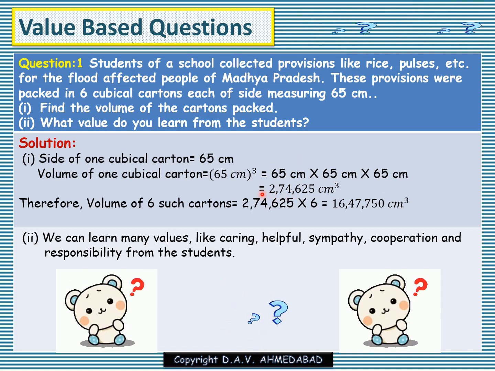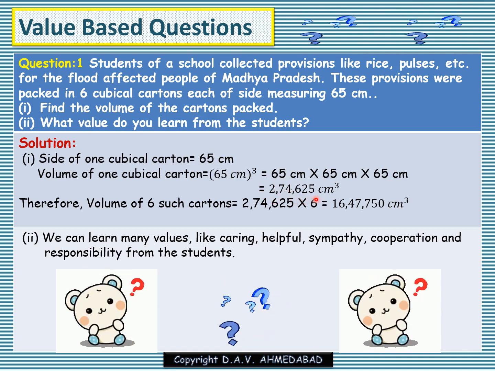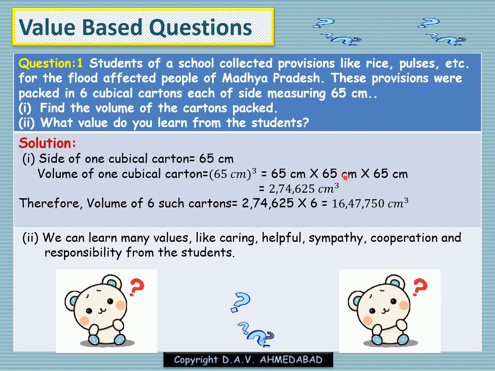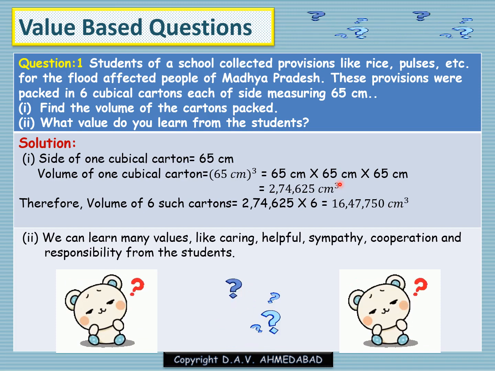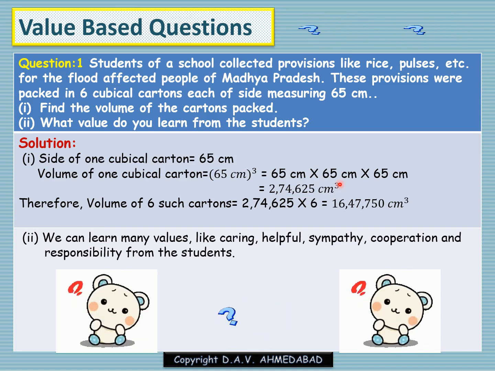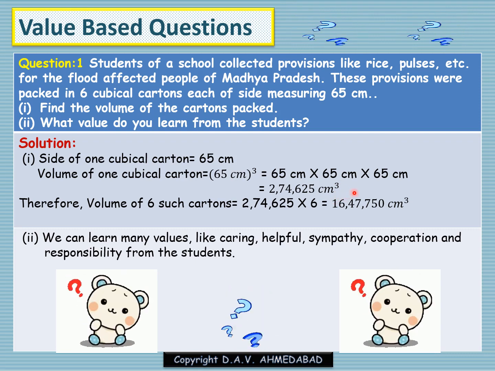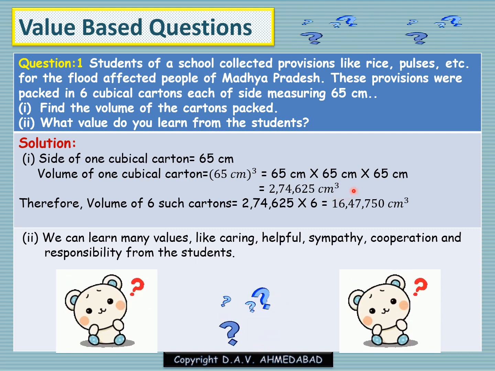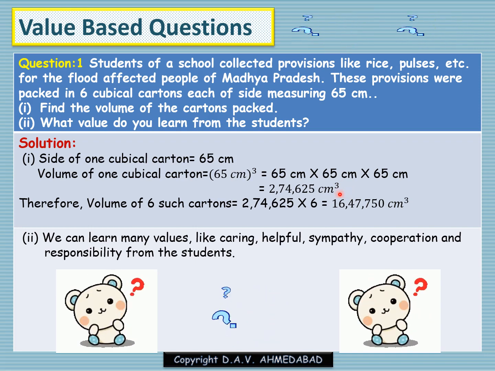After finding the product you will get 2,74,625 centimeter cube. Remember children, volume always comes in cubic units. Writing the correct unit matters a lot. You will lose marks if you do not write the correct unit, right?